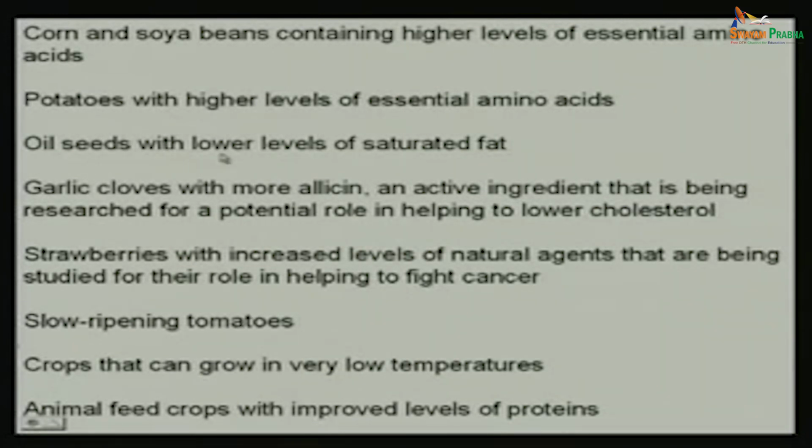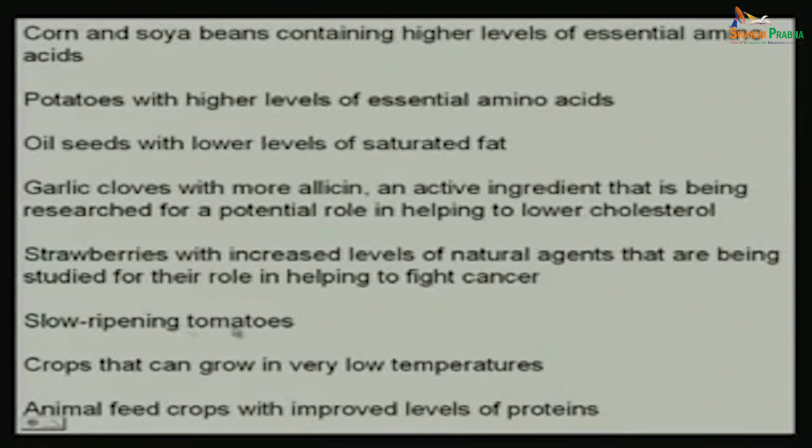oilseed with lower levels of saturated fat, garlic cloves with more allicin, which helps in lowering the cholesterol level, strawberries with increased levels of natural agents which are being studied, and it has some positive effect which helps in fighting against cancer.